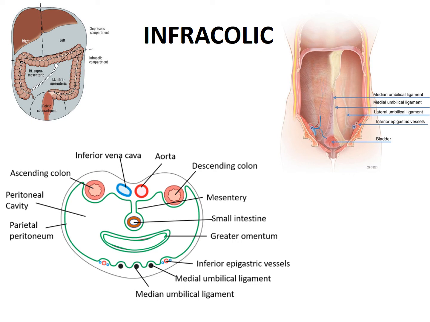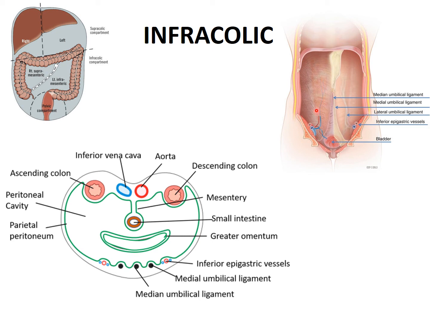The initial part of this umbilical artery remains as the artery to the urinary bladder, or superior vesical artery. But here we are talking about the medial umbilical ligament, which is raised by the remnant of umbilical arteries on either side of the median umbilical ligament.